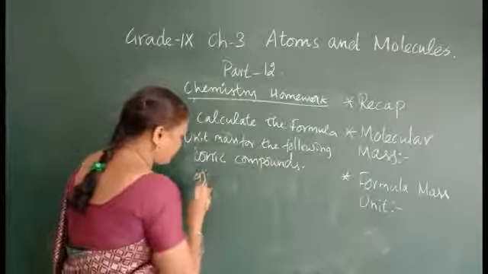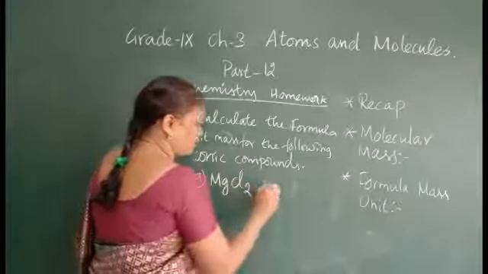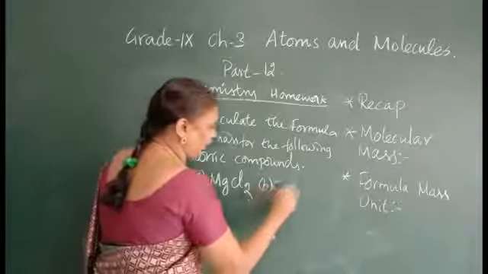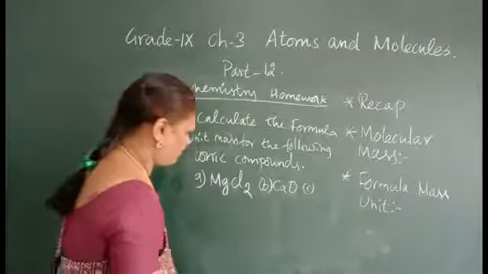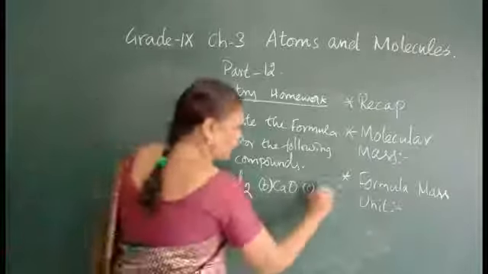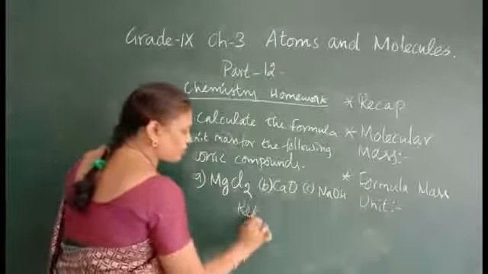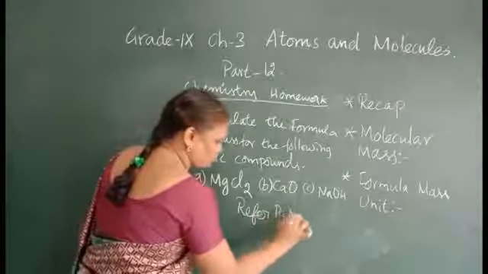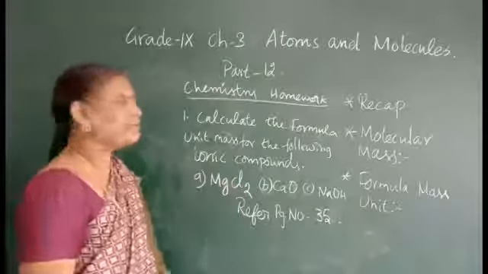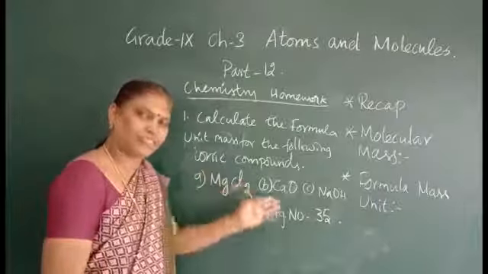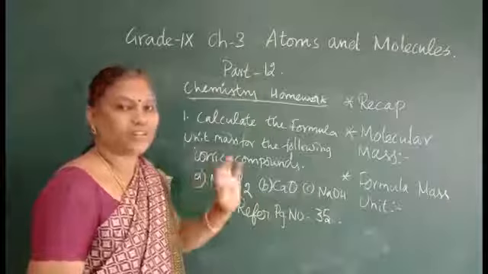First one, magnesium chloride. Second one, calcium oxide. Third one, what else can we have? Sodium hydroxide. For this you have to refer to page number 35 for the atomic mass. If you practice this homework regularly, you will come to know the atomic mass of some elements.